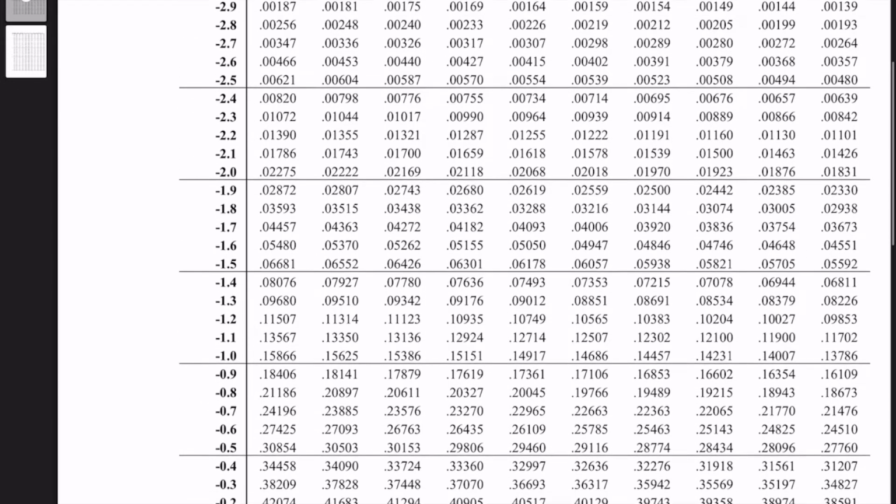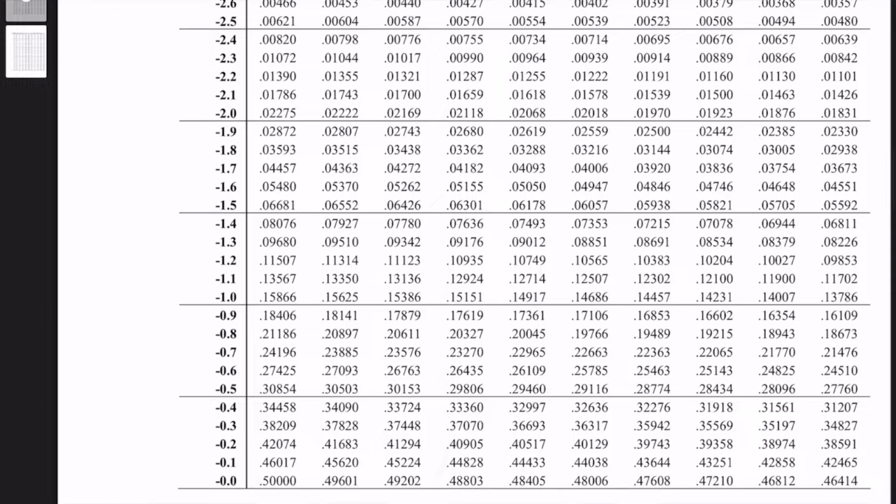So as we look around here, it may take a little minute. Here we go. Looks like we're getting close around here. We have a 0.0505, and we have a 0.04947. Okay? So those both seem to be pretty close to 0.05.